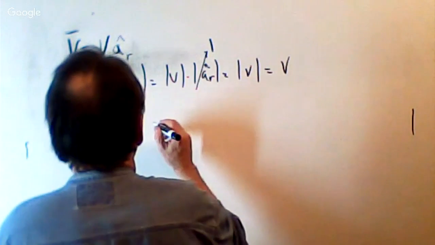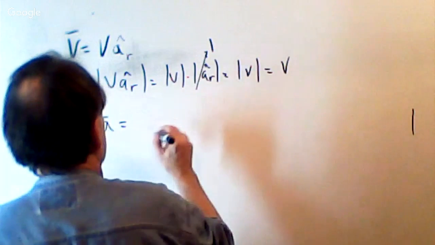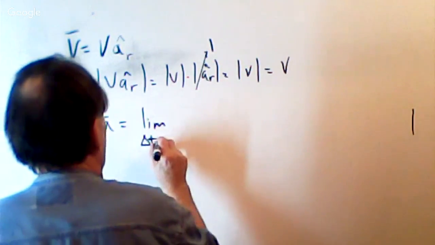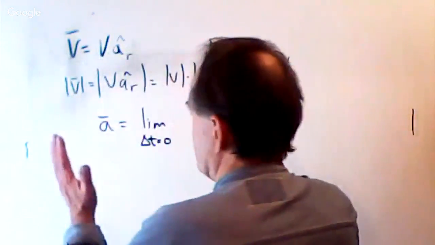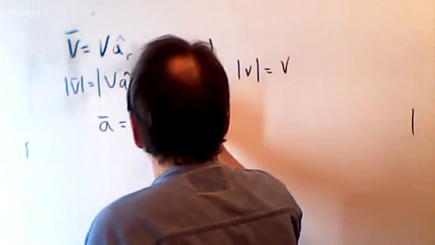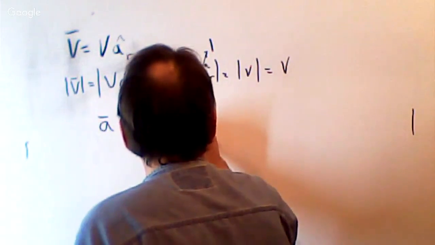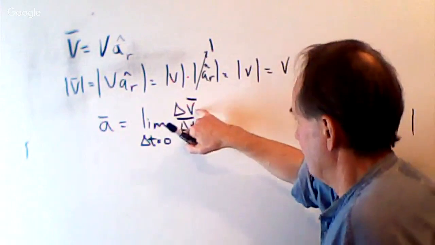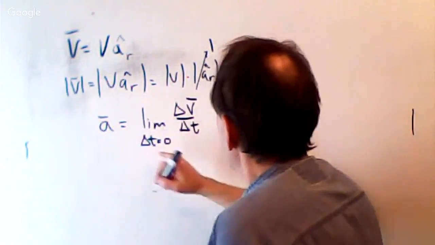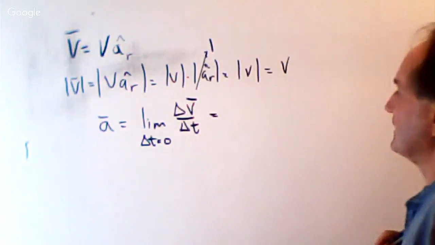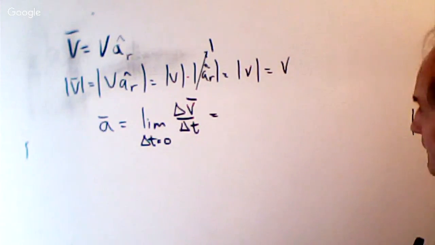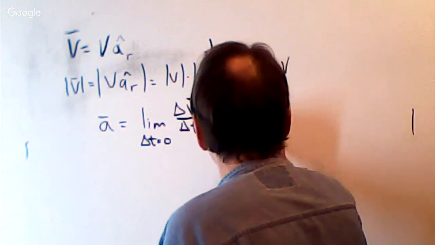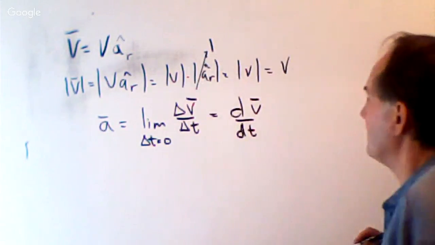Mathematically, instantaneous acceleration is the limit as time goes to 0, as you shrink your time interval down, of delta v over delta t, where delta v is your velocity vector. Well, this in mathematics is called the derivative. To write it in terms of calculus, this is the derivative of the velocity vector with respect to time.